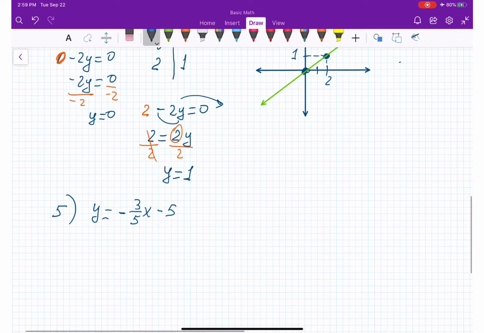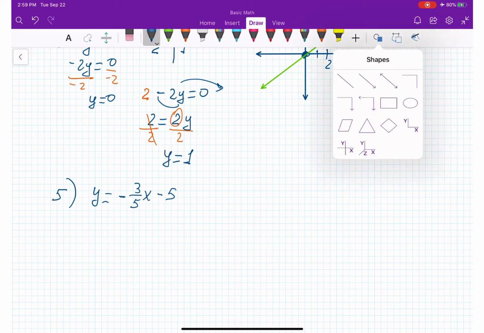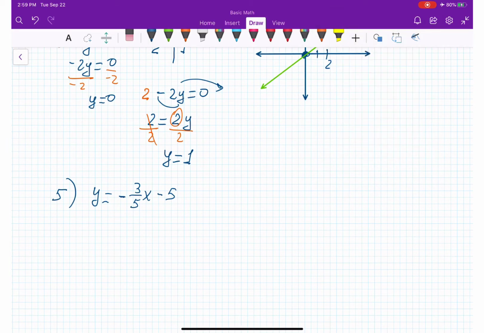Okay, so let's solve this one. X is equal 0. I'm taking x is equal 0. When x is equal 0, what do we get?